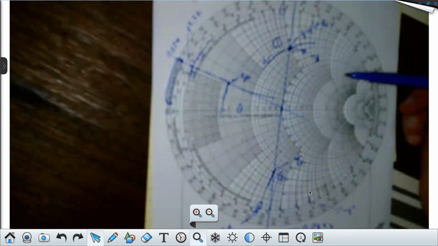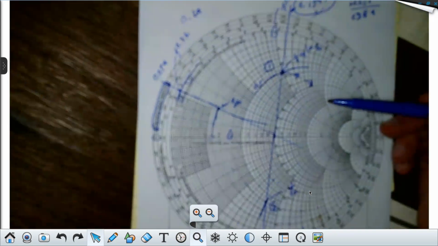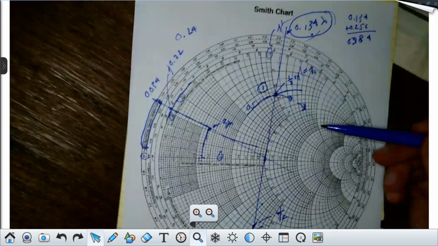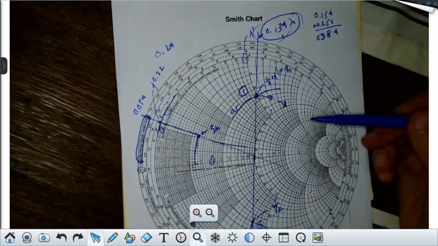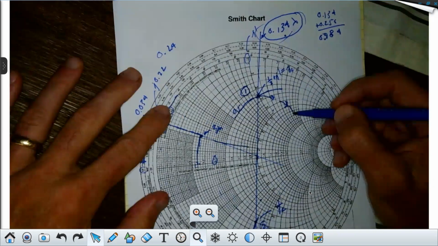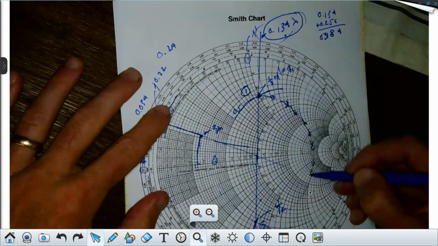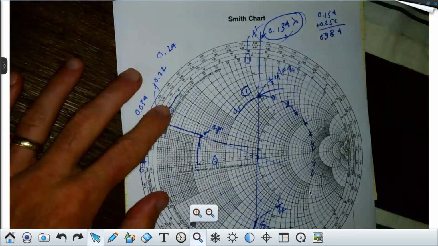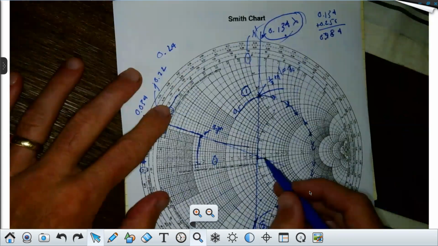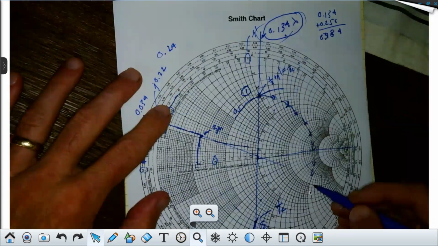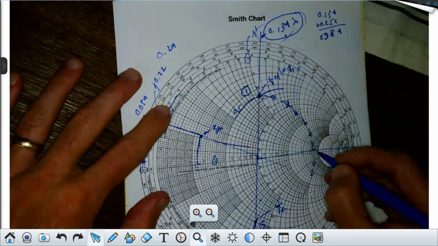Anyone? Where's the voltage maximum? I'm moving right away from the load. How far do I have to move before I hit a voltage maximum? Anybody? I said wherever that circle, the constant radius circle, intersects this axis, that's Vmax.